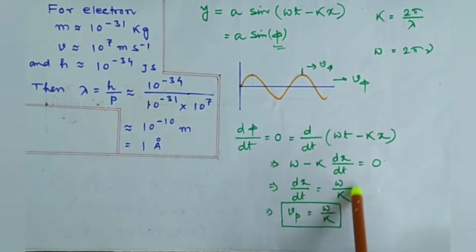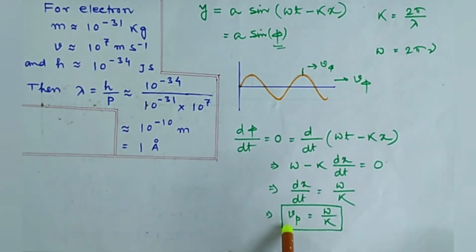This is the phase velocity of the wave, and here we denote the phase velocity with Vp. So phase velocity Vp equal to omega by k.